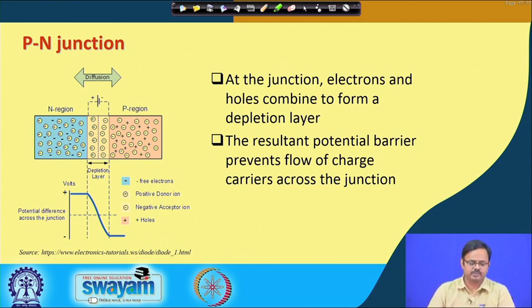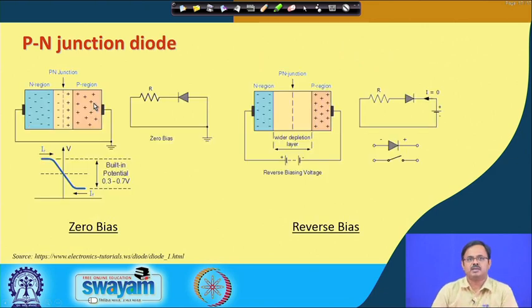Very close to the junction, as we see here, in this region that I am circling, the free electrons and the holes recombine to form what is called a neutral region. It's a region that is devoid of any free charge carriers, whether electrons or holes, because the hole and the electron recombine.